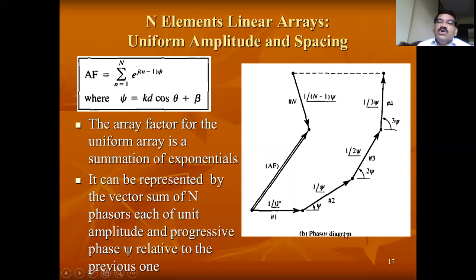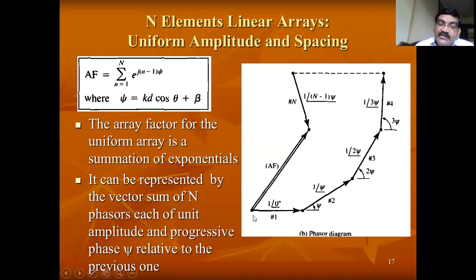Now this is the phasor diagram. This is the initial point, the first element, element 1, at angle 0. The next has angle psi. Its magnitude is constant, so every vector has constant magnitude. So it will go like this: this is the second element, then the third element, then the fourth element, and so on. And this is your nth element, whatever the number of elements.